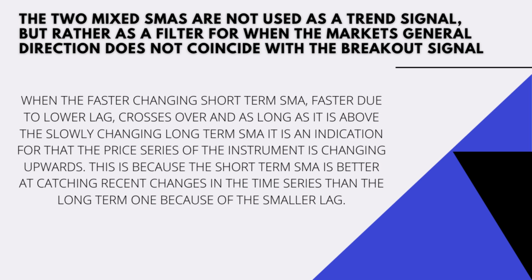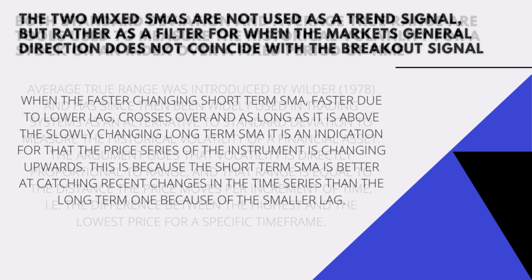This is because the short-term simple moving average is better at catching recent changes in the time series than the long-term one because of the smaller lag. Consequently, when the faster changing simple moving average is below the slower changing simple moving average, it is an indication that the price series of the instrument is changing downwards due to recent events.